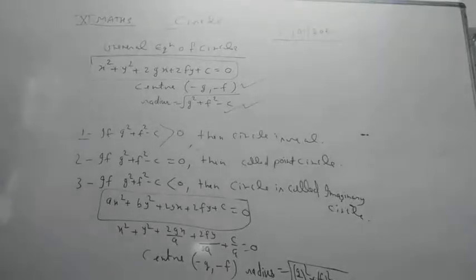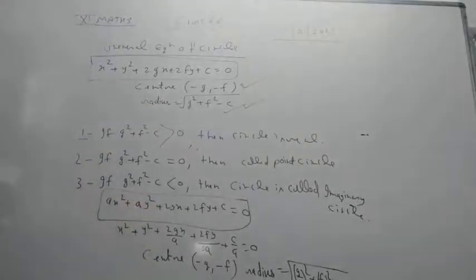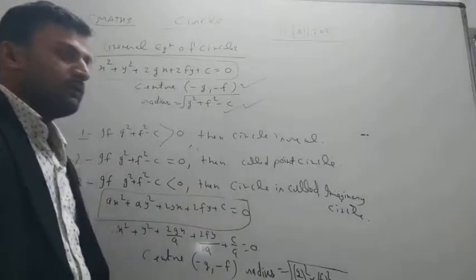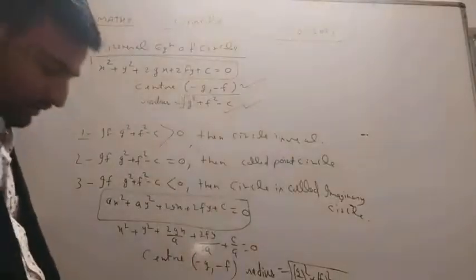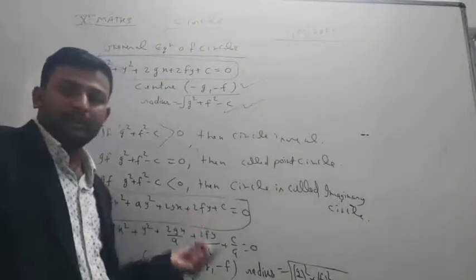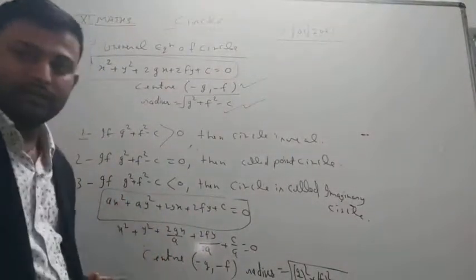Okay student, so in such type of case, when we are solving the question and finding radius and center of the circle, then we always keep the coefficient of x square and y square as unity.